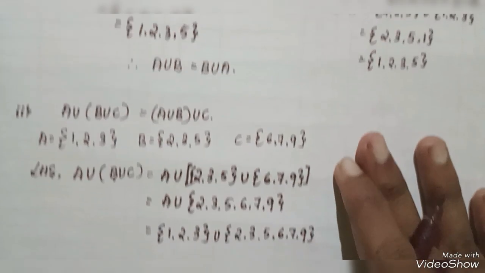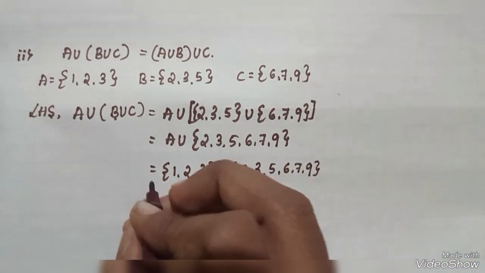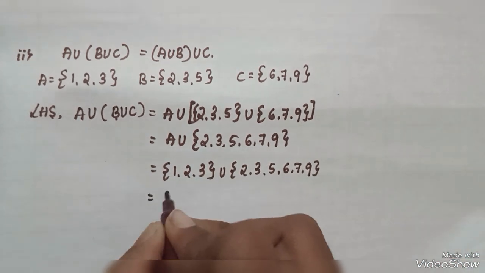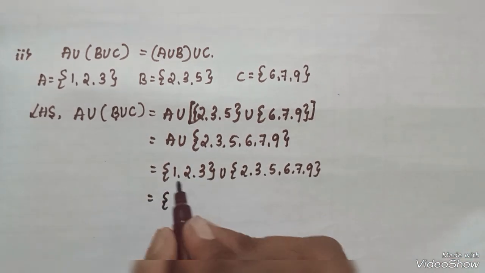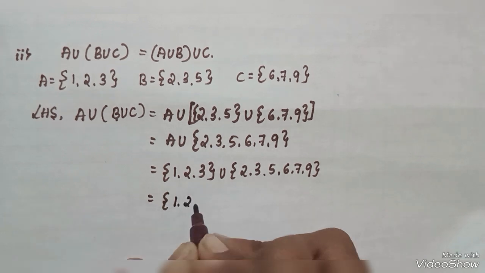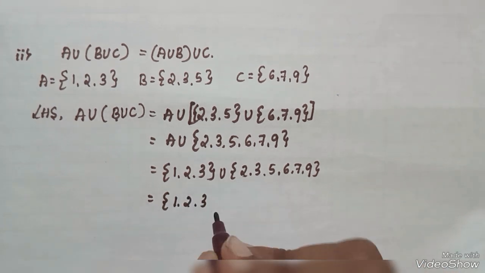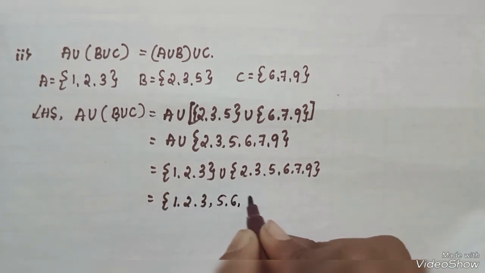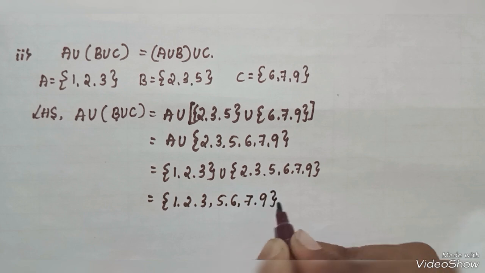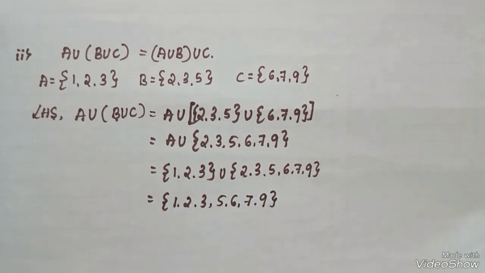Now A union (B union C): 1, 2, 3, where 2 and 3 are common, then 5, 6, 7, 9. This is the LHS part.